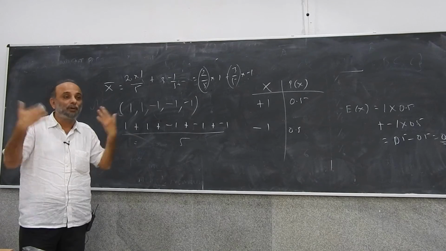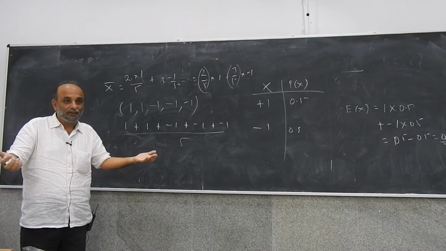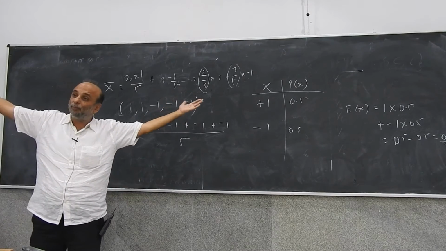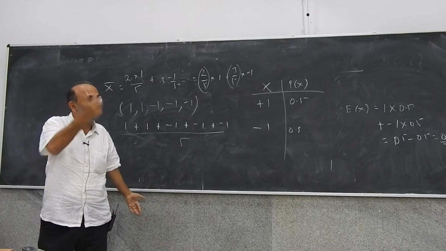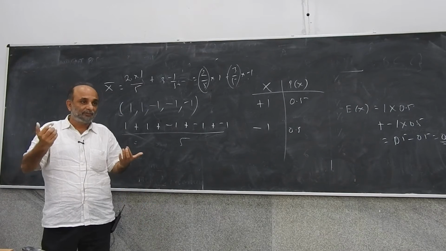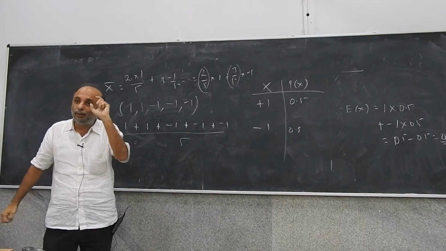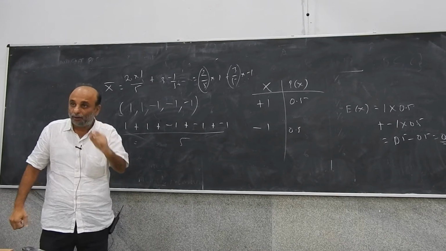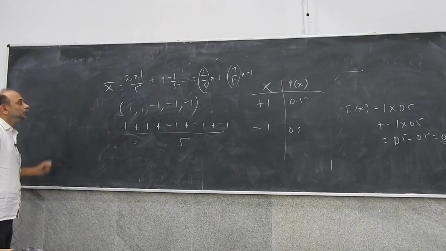It's a random sample of size 5, which has been drawn from a very large population. If I kept on doing this experiment, I get a large population, out of which I pick any 5, and calculate x bar.